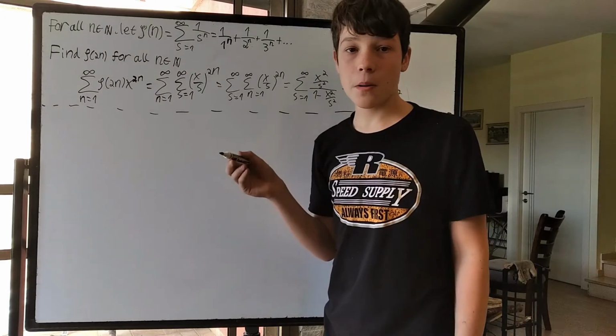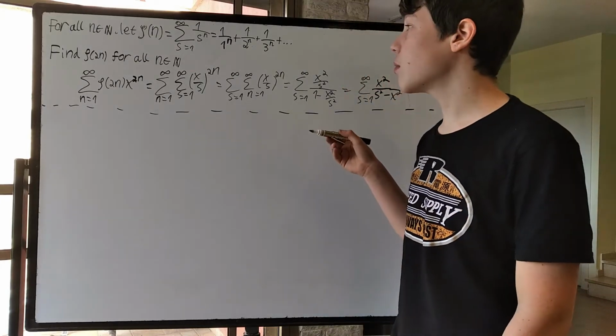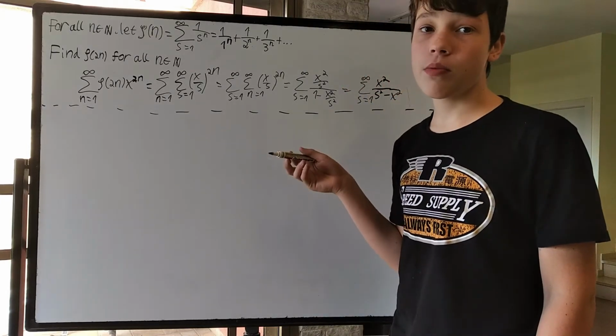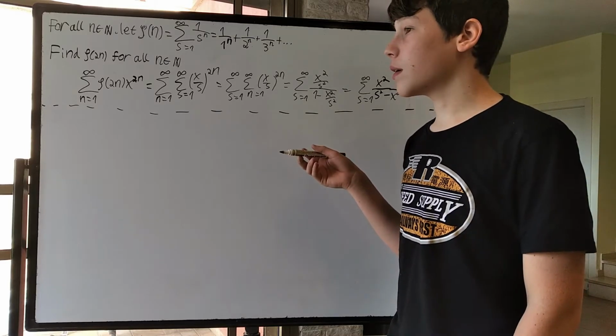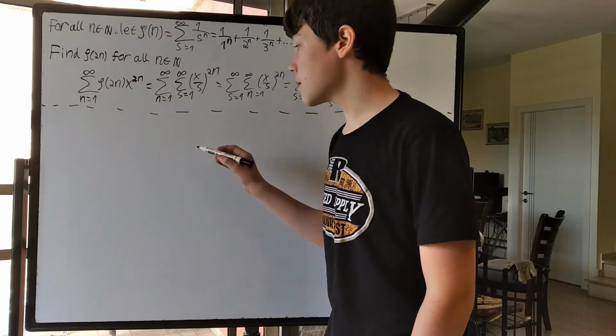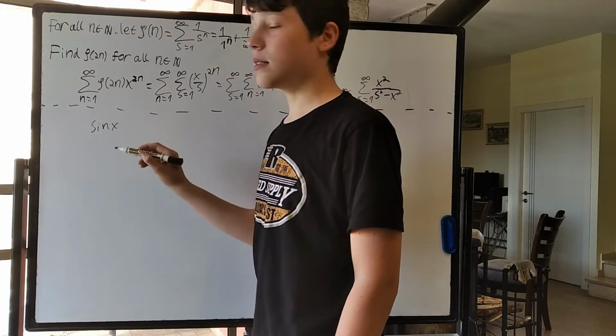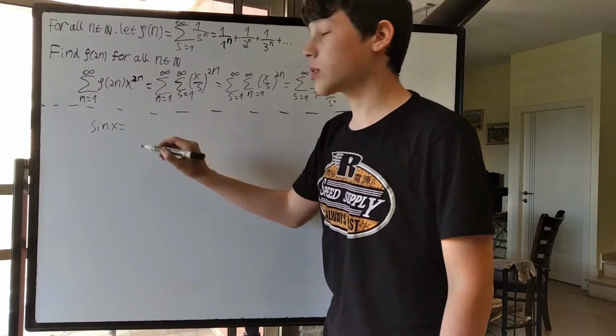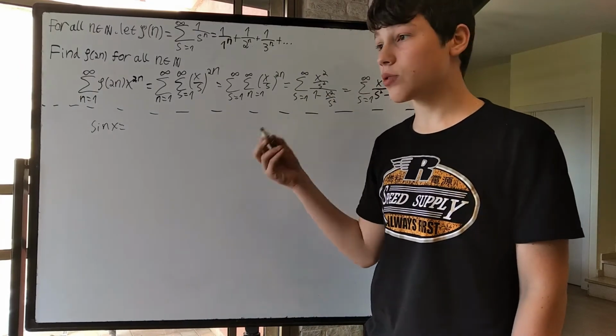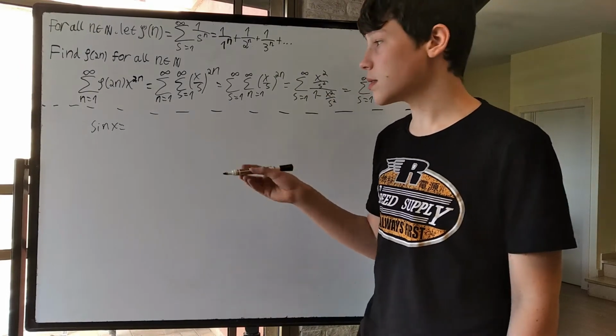So now let's think back to how we first solved the Basel problem. In the video I talked about how we can express sine x as a product of x minus each one of its roots times some constant.